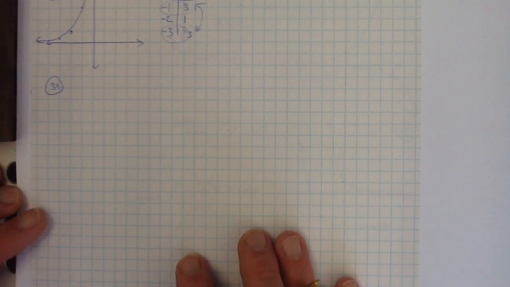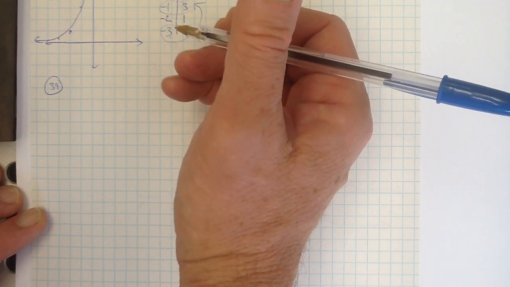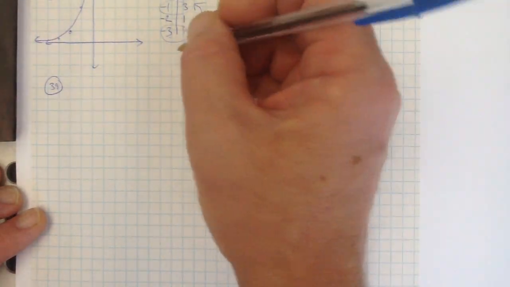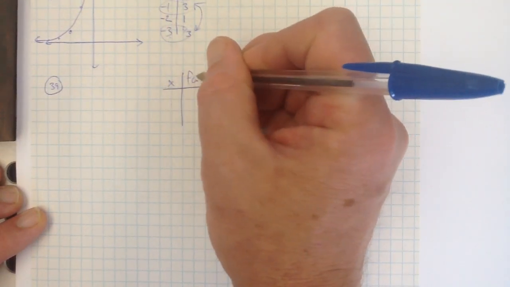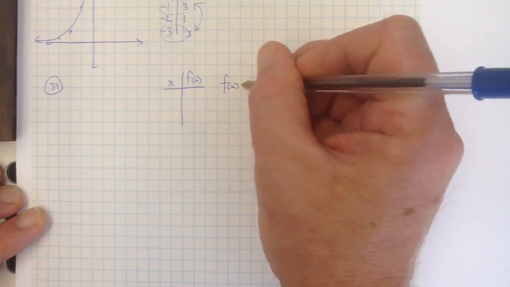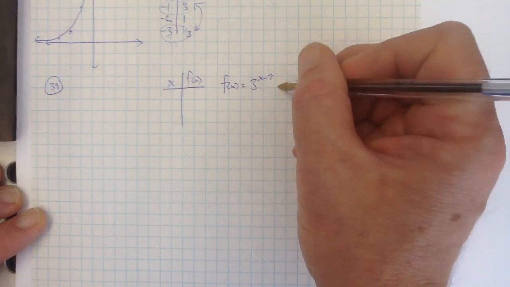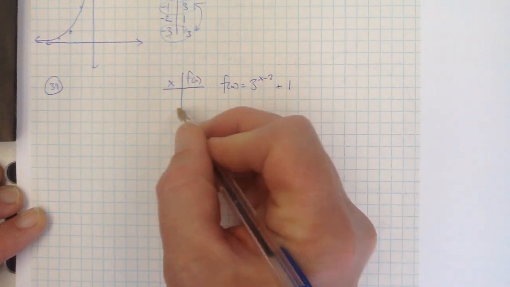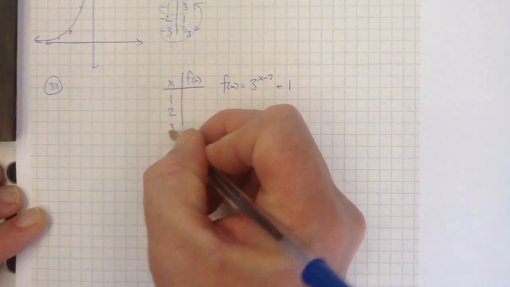39. We got 3 to the x minus 2 plus 1. Three to the x minus 2 plus 1. So 2 is the new 0, and then I'll do the 2 points on either side.